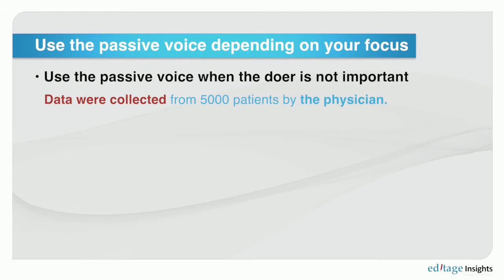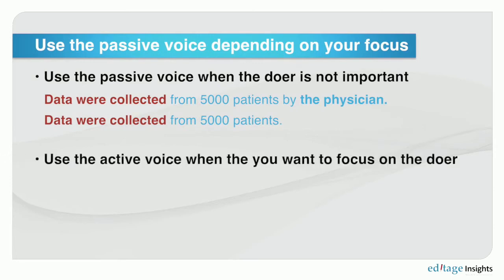Instead of saying by the physician, you can just say data were collected. If it's important that the physician did it, not the nurse, not the researcher, but the physician, then using the active voice, this becomes the physician collected data from 5,000 patients.